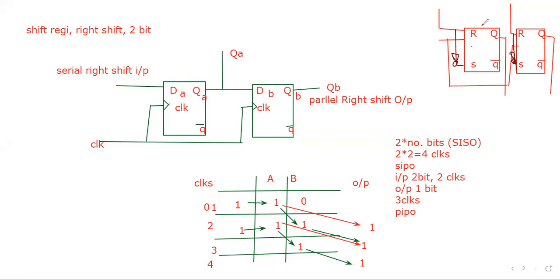Because our data is single, say it is 1 and 1, we have data 1, and over here it is 1 also. So here we have QA and QB.